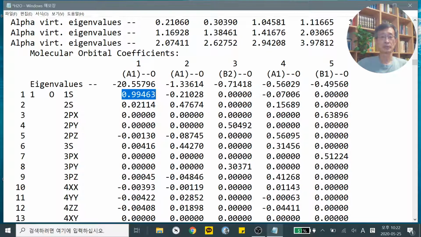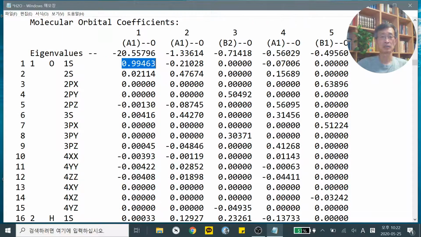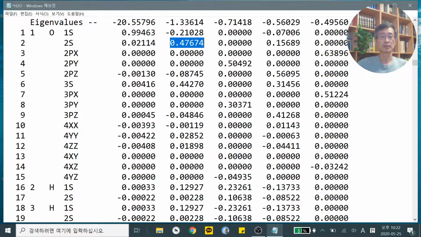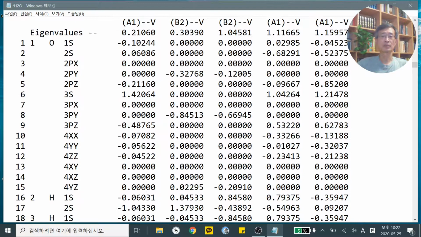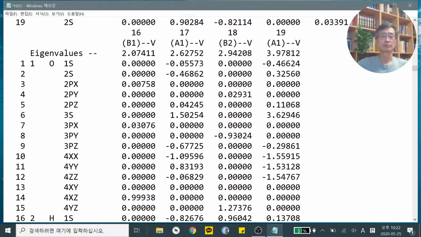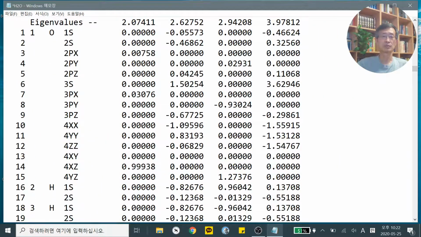And then this is also some inner 2s orbital, maybe 3s orbital. Anyhow, up to orbital 5 are occupied, and the rest of them are virtual. And then the basis function contributions to that orbital.